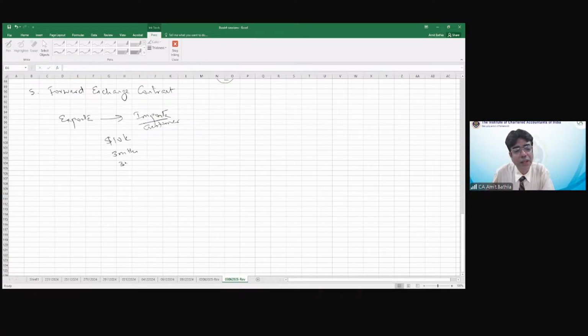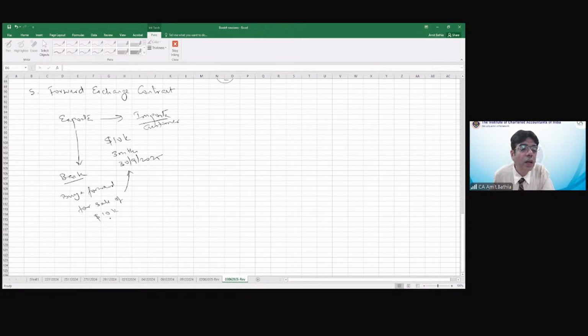So say, for example, the due date is 30th September 2025. So immediately what the exporter does is, I don't want to keep the exposure with me. So he reaches out to the bank, and he will buy a forward for sale of dollar 10K, which again matches with this particular date.